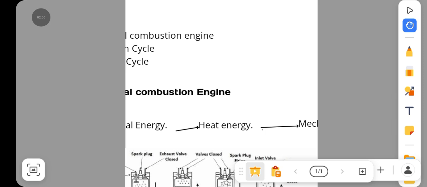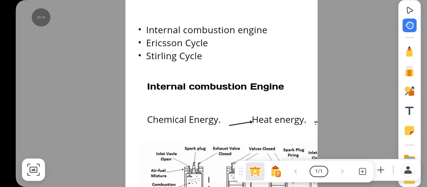So, for example, we are going to take a look at one of the examples of internal combustion engines and try to explain them. Internal combustion engines can be divided into a few types.